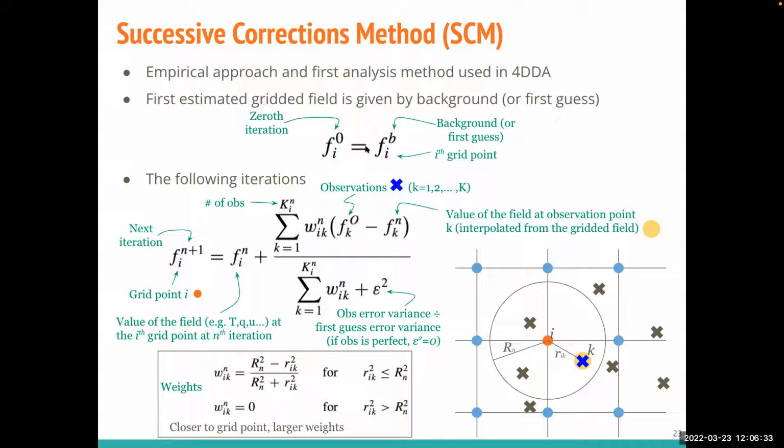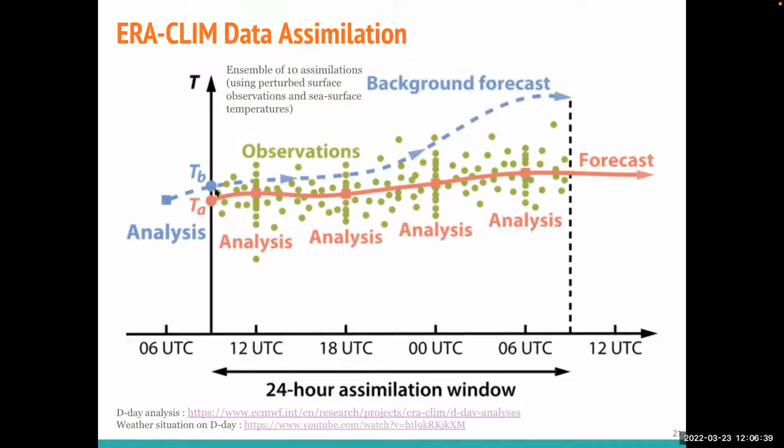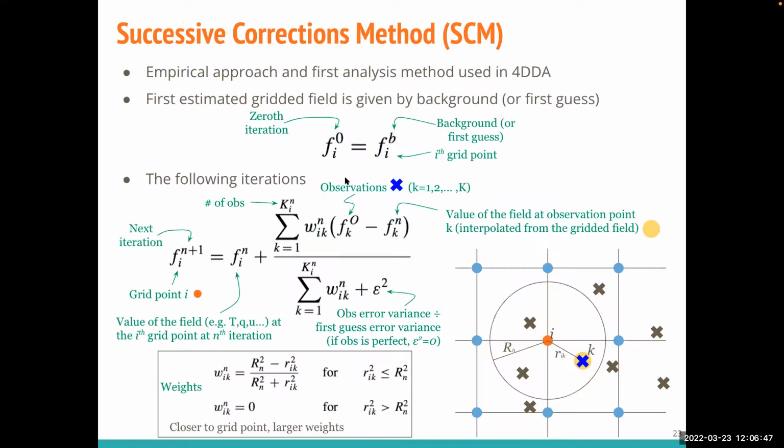Background meaning it's coming from the background forecast, which is this one. Of course, it's not the true value, or it's not close to the observation, right? But it's your first guess. And then it's your 0 iteration. So the index here is the number of iteration, the first or the 0 iteration.